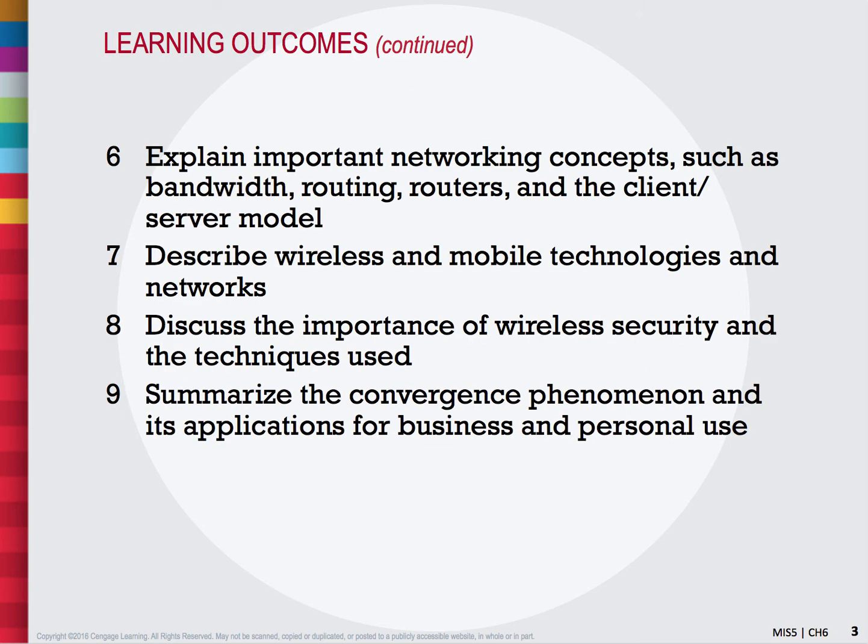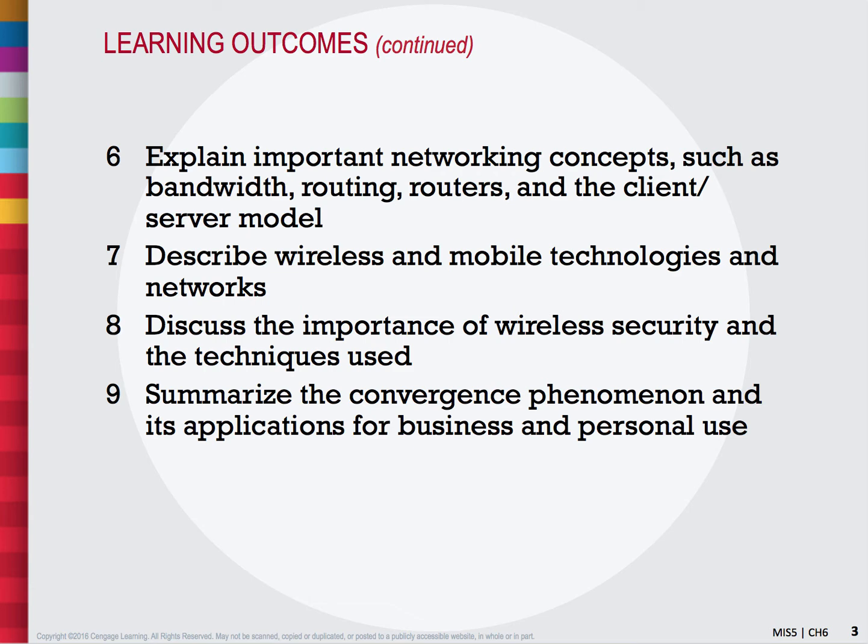And then we're going to understand the networking concepts about bandwidth, routers, routing, how wireless and mobile stuff operates, how that phone in your pocket is getting connected to the internet, the importance of wireless security, how we deliver that. We talked at length about security in the past 2 chapters.